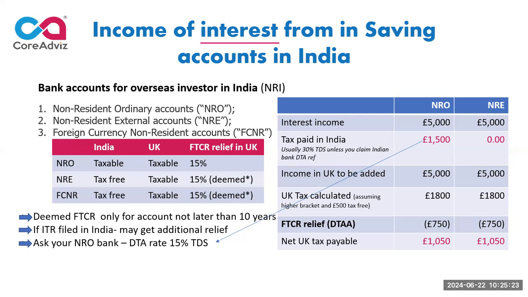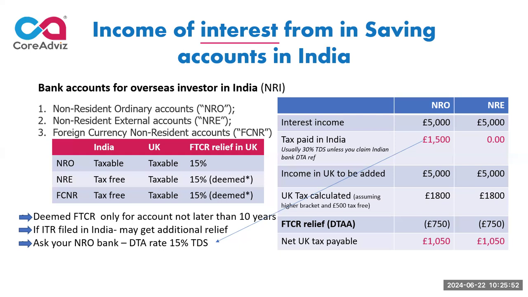It's called deemed FTCR. To qualify for deemed FTCR, your NRE account should be not more than 10 years old. So once you open an account in India, you should not hold that NRE account for more than 10 years. Again, there is a loophole here. If you have an account nearing 10 years, close that account and open a new bank account with a new banking provider.